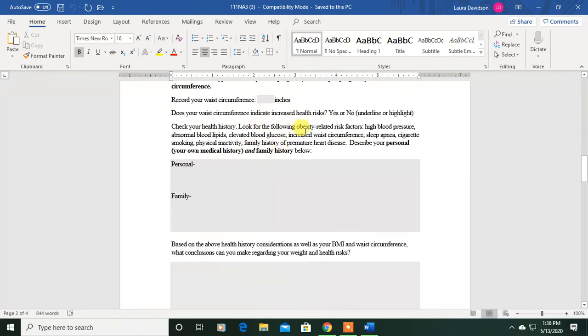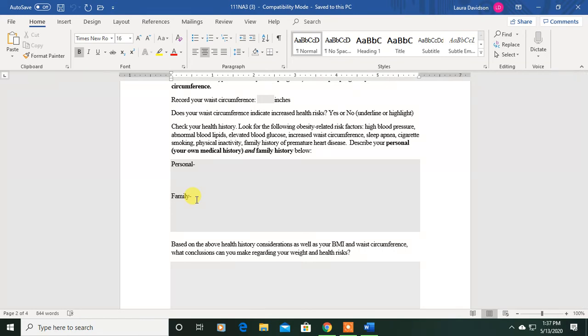I've asked you specifically to list the obesity-related risk factors, things like hypertension, high blood lipids, high blood sugar, diabetes, etc., because that enables us then to know whether you might be susceptible to some of what you're seeing in your family. So personal would be you, family would be primarily your mother, father, grandmother, grandfather.